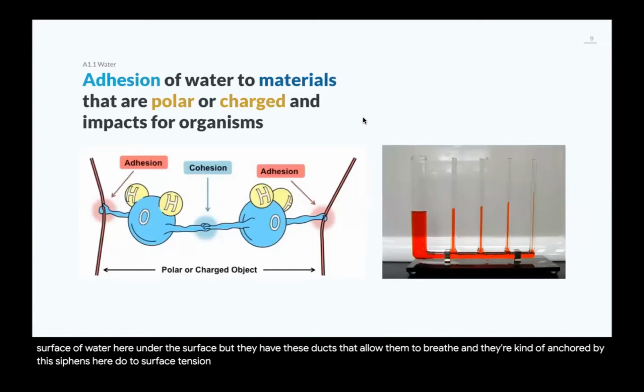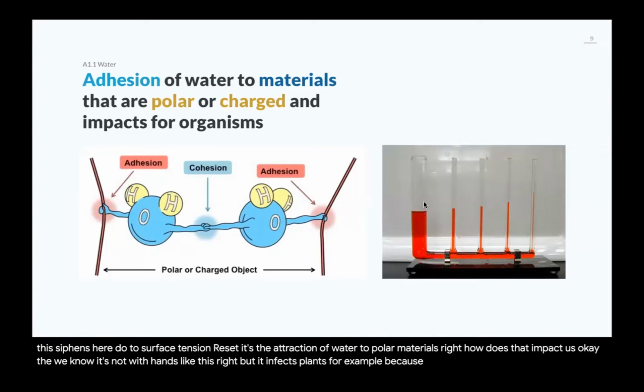Adhesion, like we said, is the attraction of water to polar materials, right? How does that impact us? Okay, we know it's not with hands like this, right? But it impacts plants, for example, because of this effect here, the capillary effect.